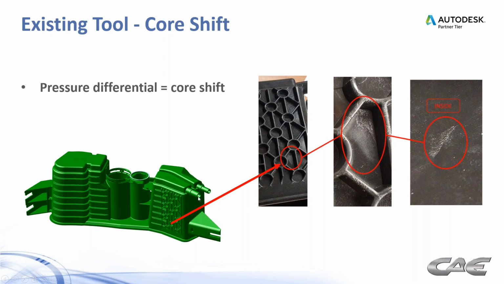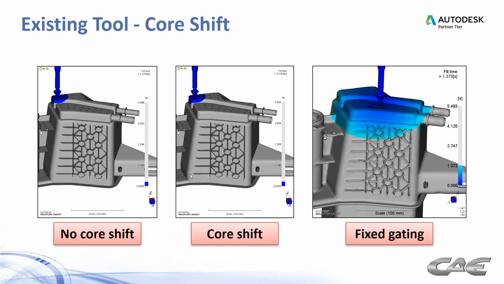So they had a gate on the top of this core, kind of off to the corner here, and caused that very condition. So you can see the blemish that occurred here on both the outside and the inside of this part. So that thickness change causes backfilling, and that led to a blemish. So just in standard Moldflow on the left here, no core shift being done, you see the slow progression here, and if you didn't think of core shift, you would not have picked this up.